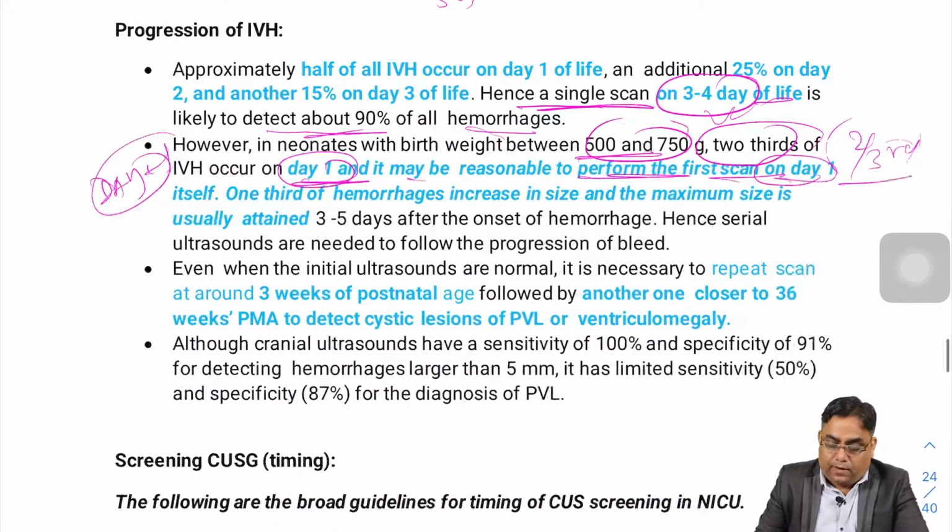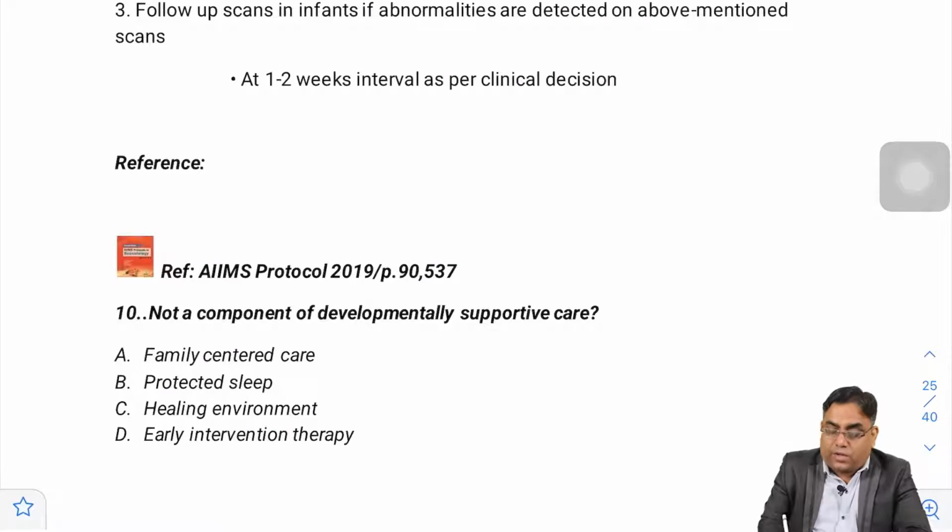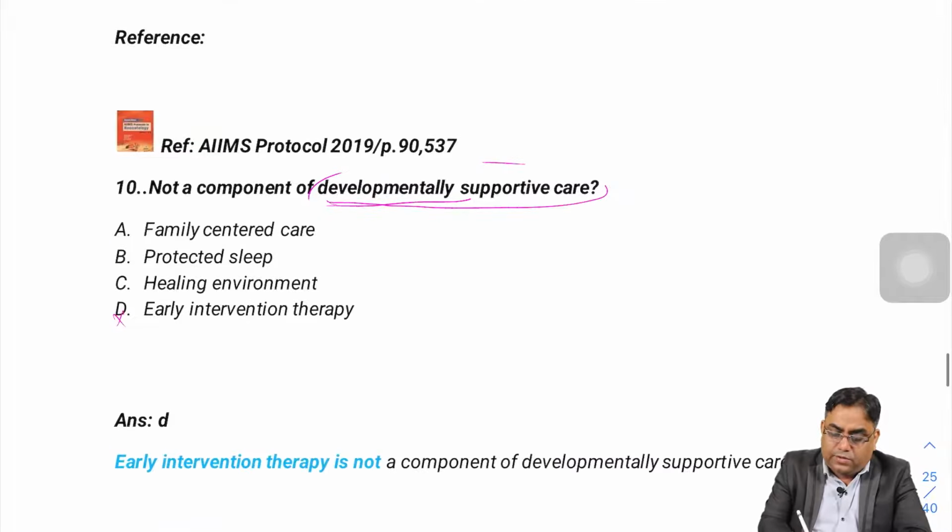Now, next: not a component of developmentally supportive care: family centered care, protected sleep, healing environment, early intervention therapy. Here the answer is D, early intervention therapy.